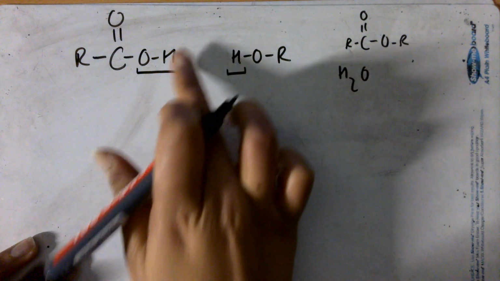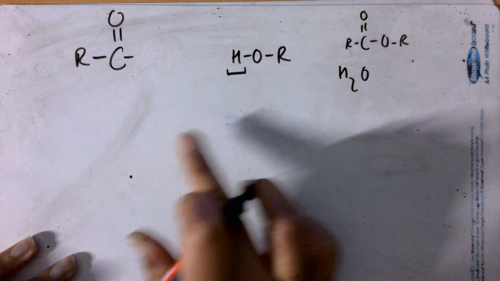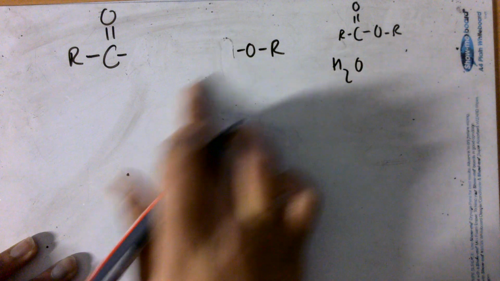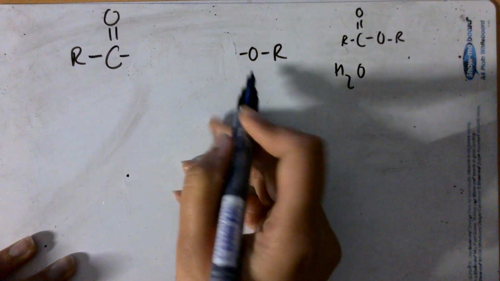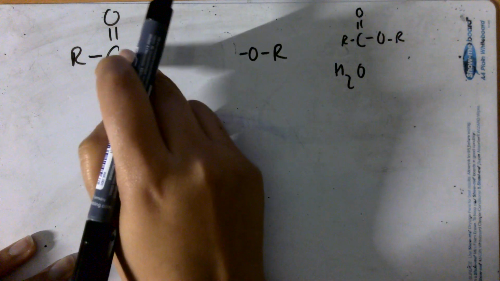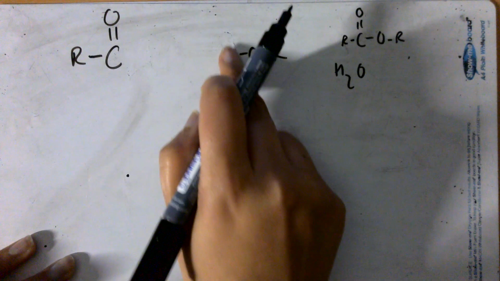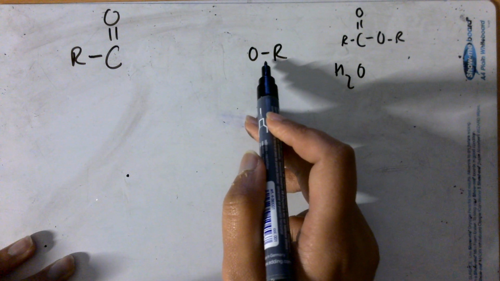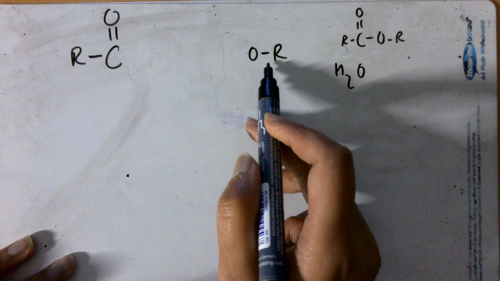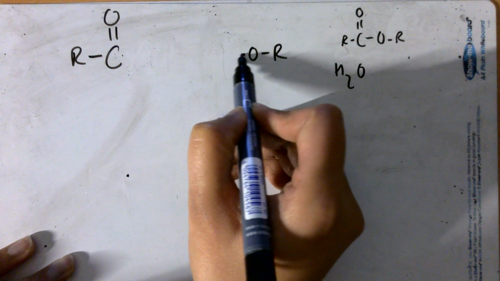If I lose that OH, and I lose that hydrogen, brilliant, I've lost my water molecule. However, I've now ended up in a situation where this carbon has currently got 3 bonds, and this oxygen has currently got 1 bond. So what does need to happen is this needs another bond, and so does this.